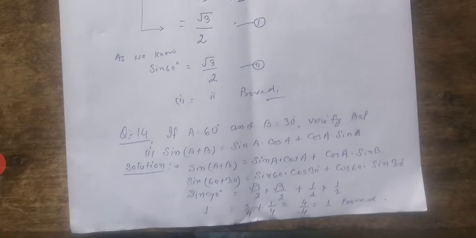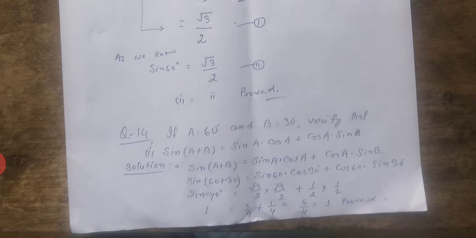Now question number 14, look at. If A is equal to 60 degree and B is equal to 30 degree, verify that sin (A plus B) is equal to sin A into cos B plus cos A into sin B. Solution.